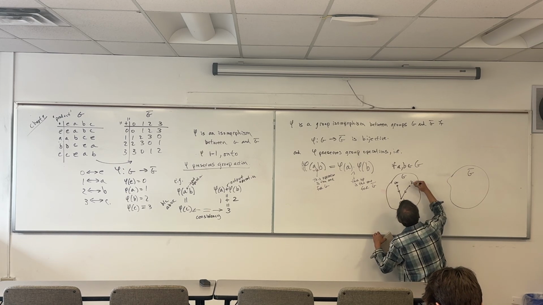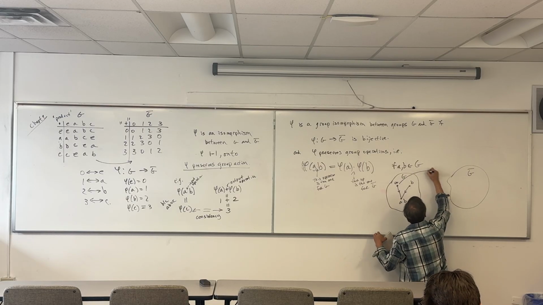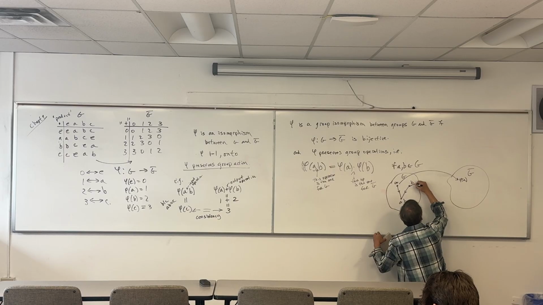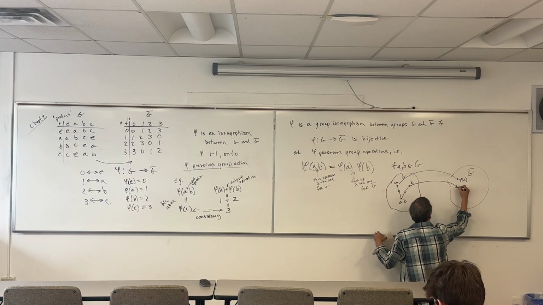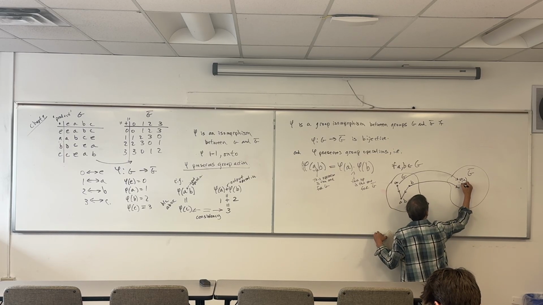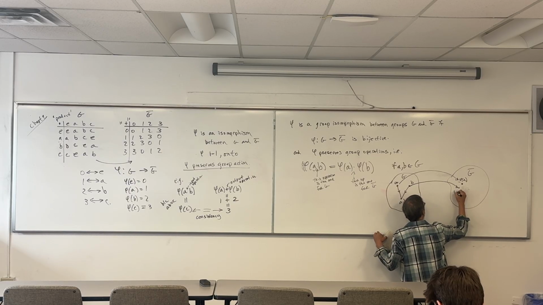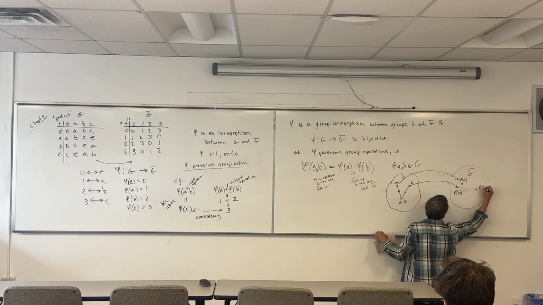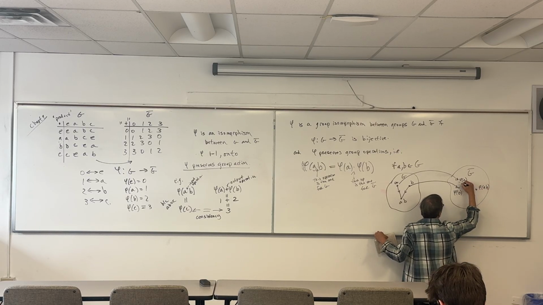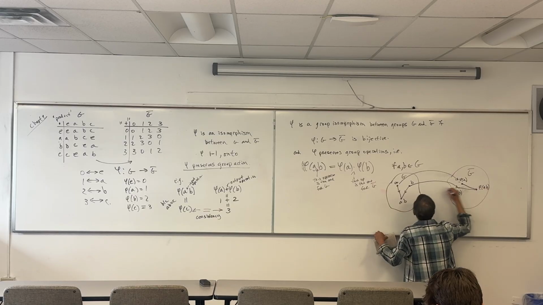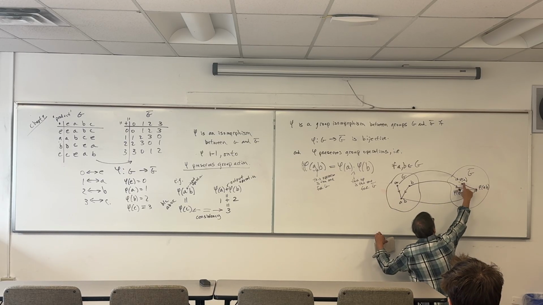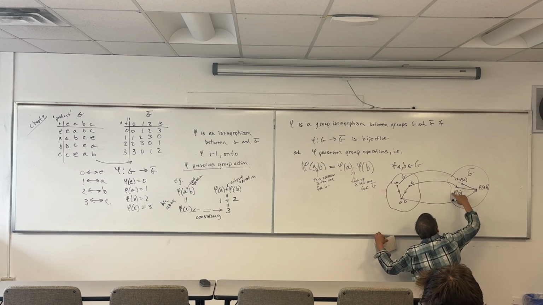Then this guy goes to phi of A. This goes to phi of B. And then over here, I've got phi of A times B. And that comes from this guy but it should also come from combining these two outputs.